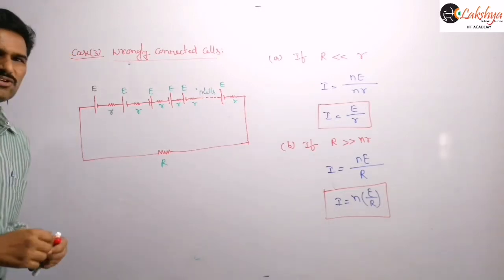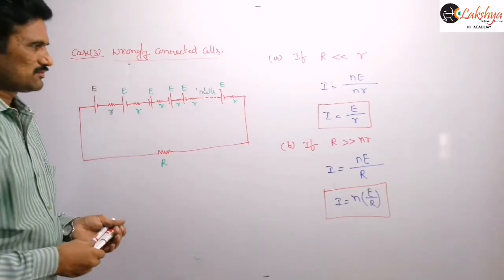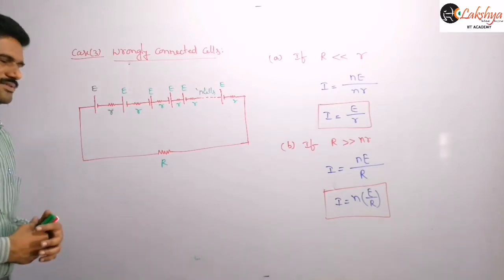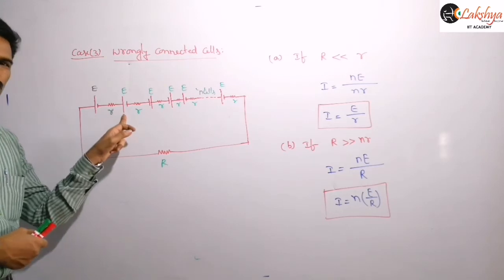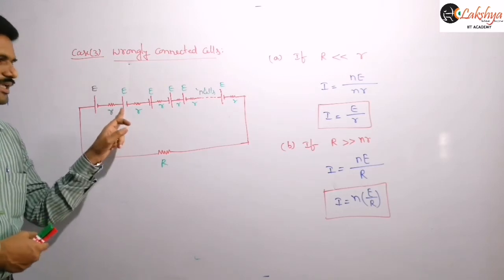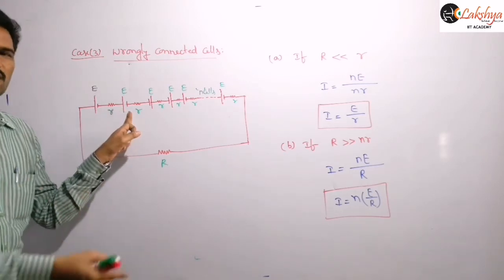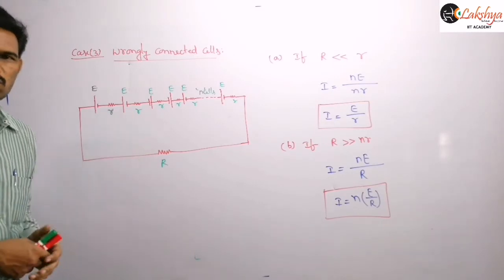Now, can you identify which cells are connected wrongly? Correct means the negative terminal of one cell is connected to the positive terminal of the next cell. If the negative terminal of this cell is connected to the negative terminal of another cell, then it is said to be wrongly connected.